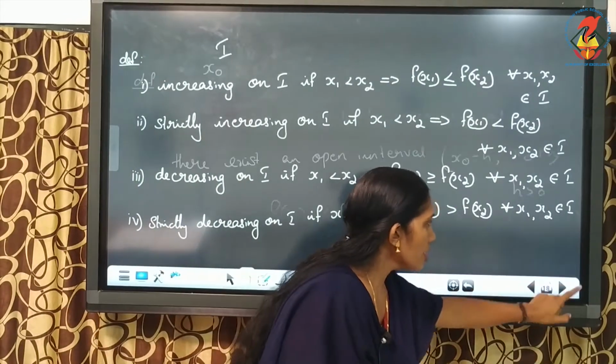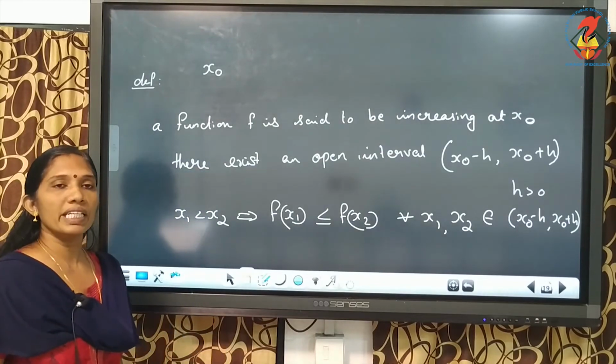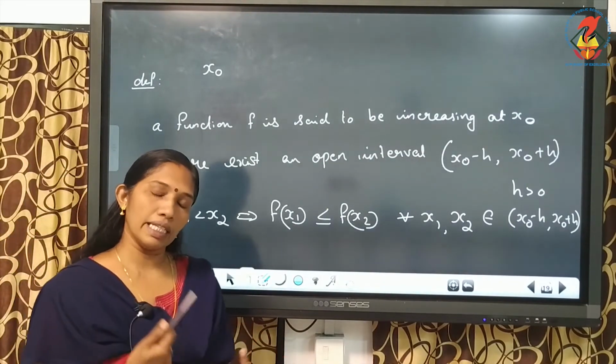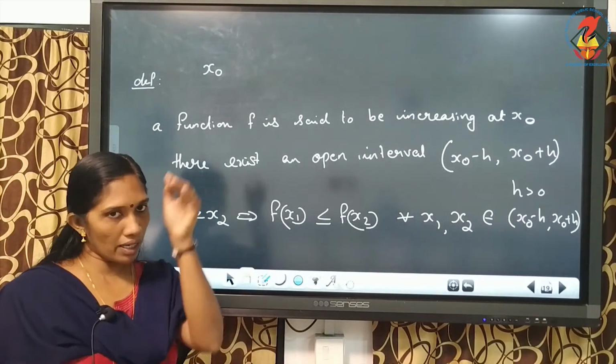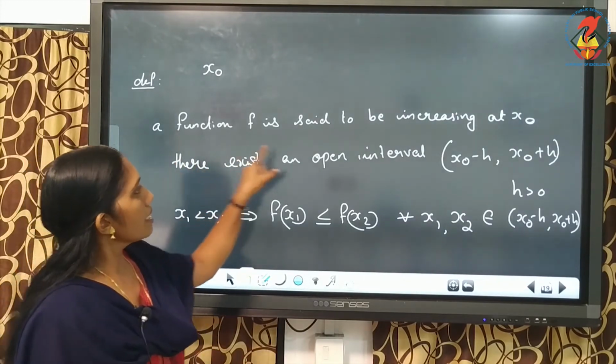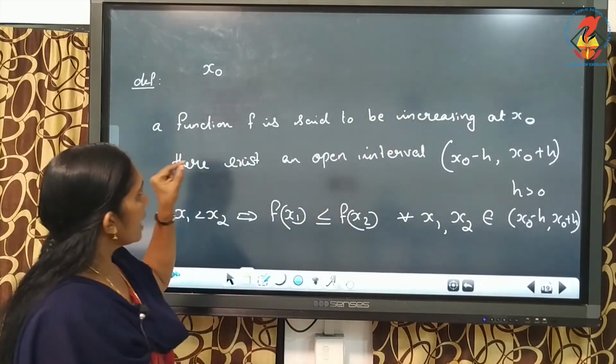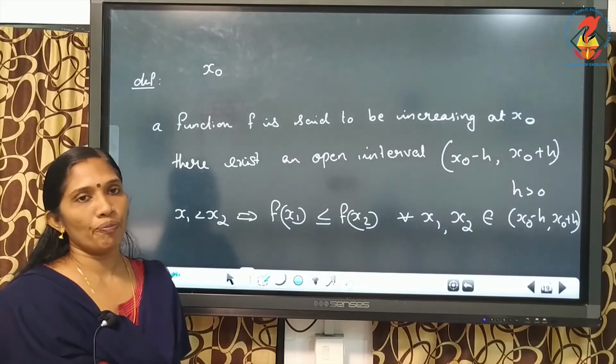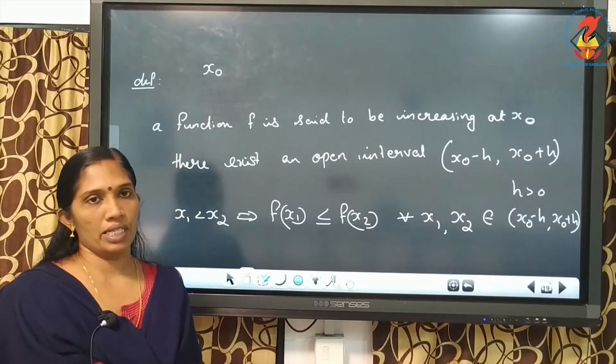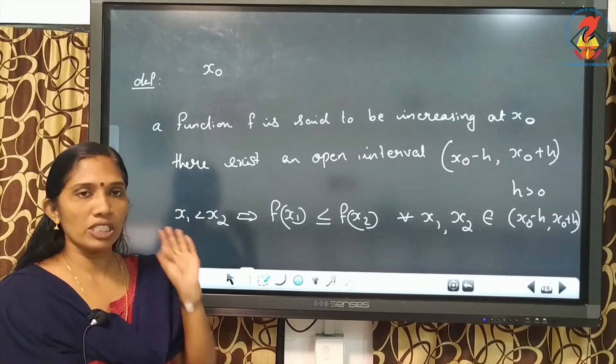Then the second definition: a function f is said to be increasing or strictly increasing, decreasing or strictly decreasing. There are 4 types. Here I am discussing increasing only. Increasing at x0, where x0 is a point in the domain of the function.